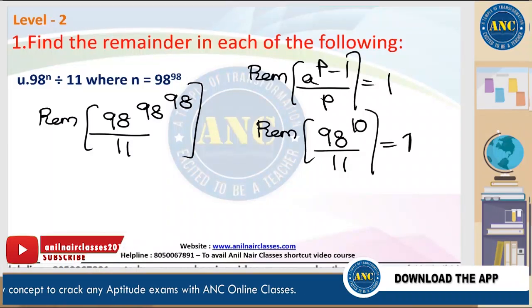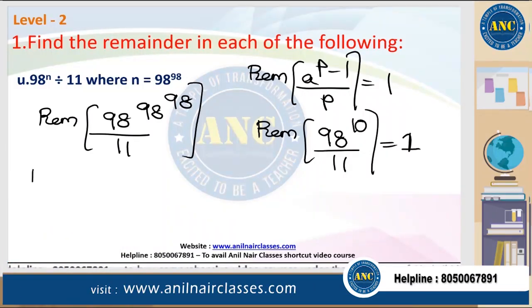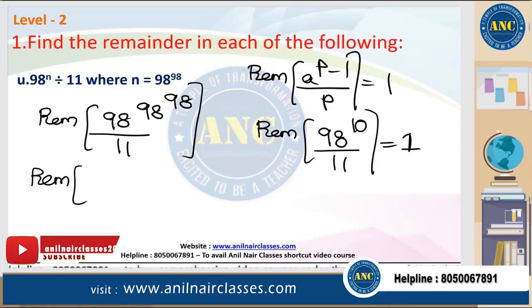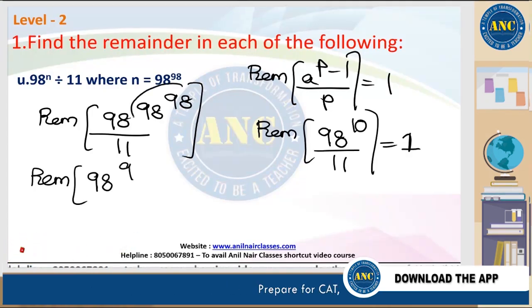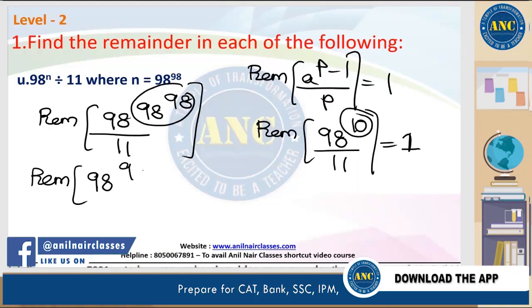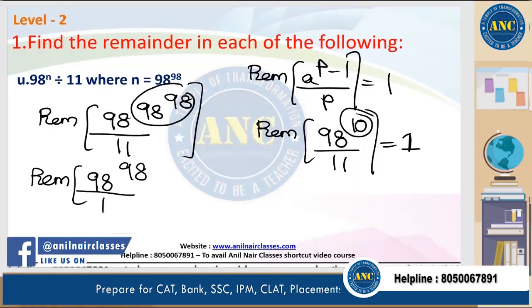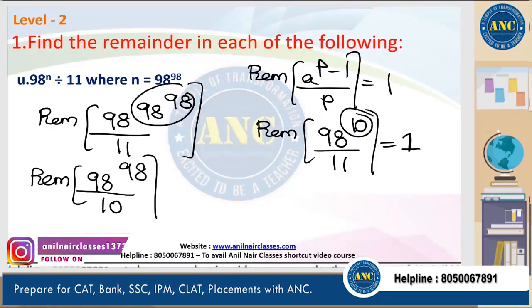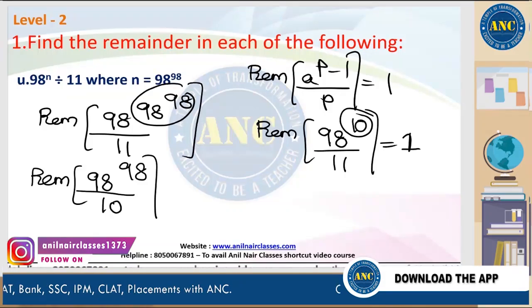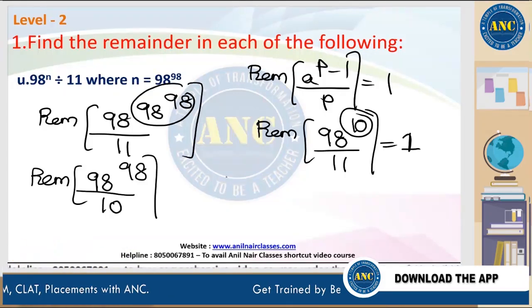98 power 10 divided by 11 is 1. So this is nothing but 98 power 10. So divide this power with this one. 98 power 98 divided by 10. Now see here.